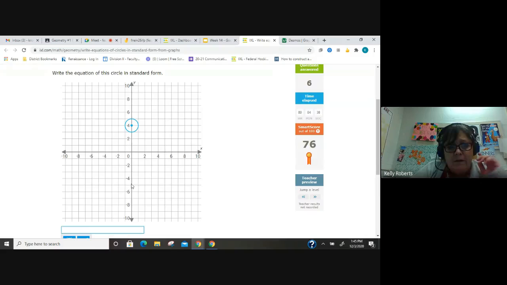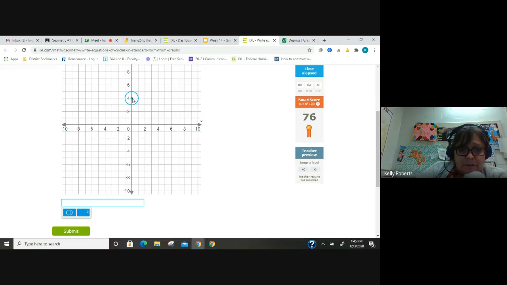Okay, I was wanting to get into a negative. This is not getting there fast enough. So if you have a negative, let's just pretend this one was down here at -4, the center. The x would still be 0, so you would have x squared plus, where your y goes, y minus -4.